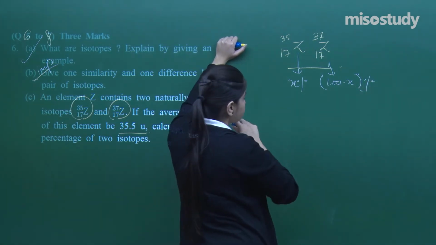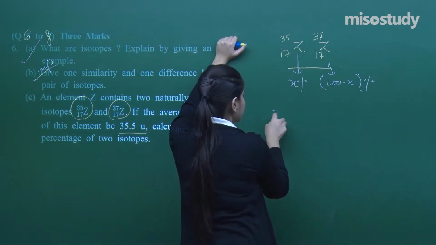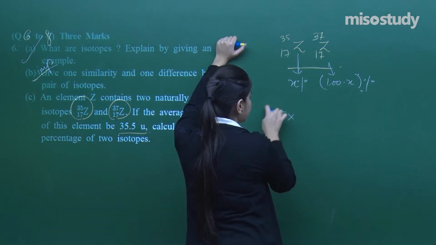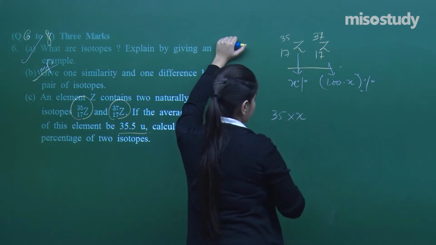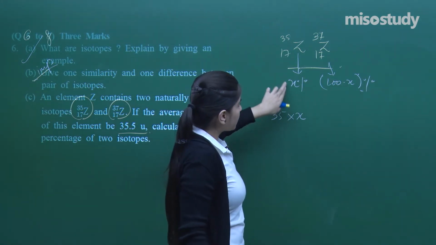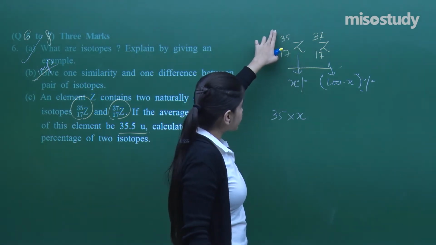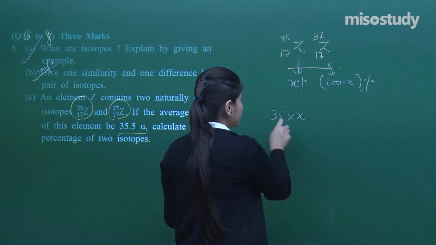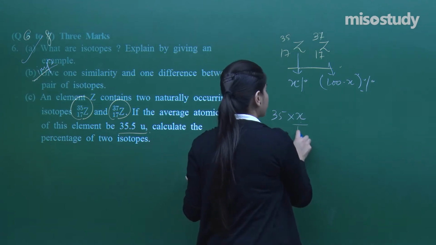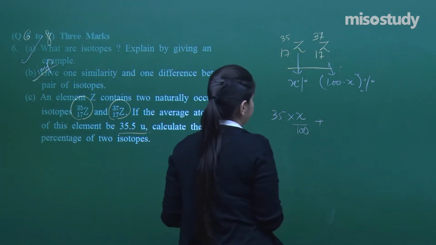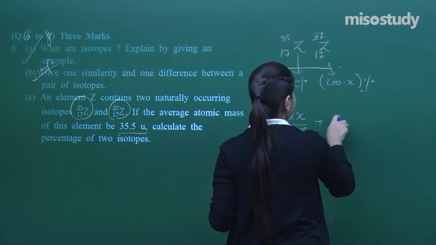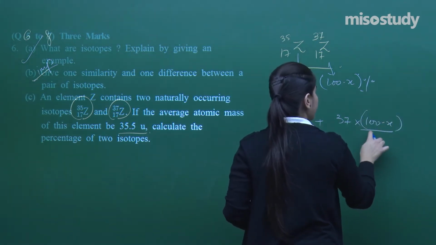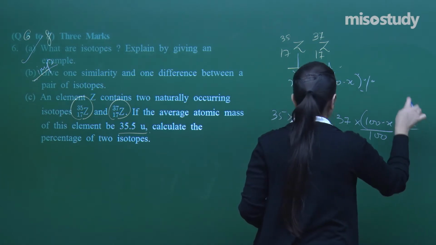Now what do you need to do? Just put in the values. So 35 one will be having this mass, and the abundance is, that means this much percent of this isotope is present. So I can calculate the total mass which will be present in that sample. So 35 into X% plus 37 into (100 minus X) by 100 will be equal to the average mass.